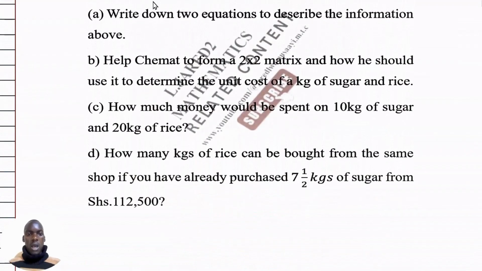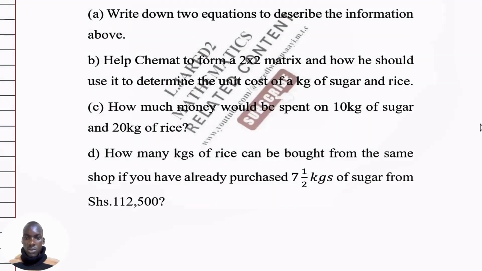It is asking how many kilograms of rice can be bought from the same shop if you have already purchased 7.5 kilograms of sugar from shillings 112,500. So remember, when you have already bought 7.5 kilograms of sugar, the remaining amount of money is the one we are to use to buy some kilograms of rice, which they want us to determine.